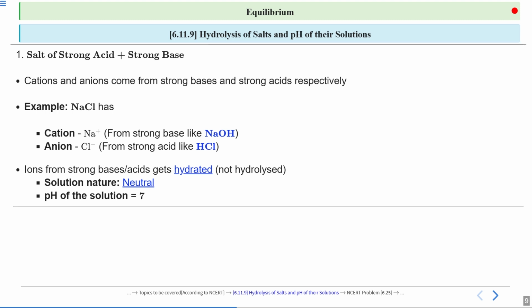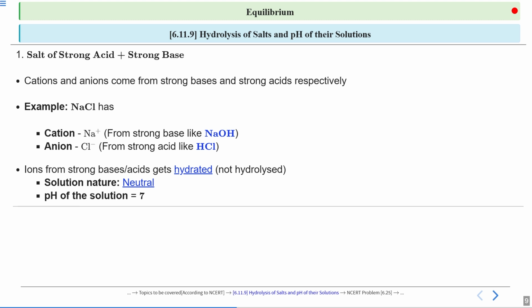I hope you are clear about this first case. What we have seen in this first case is that due to the nature of the cation and anion, which are coming from strong electrolytes, we are seeing only hydration of these ions and no hydrolysis. As a result, the solution remains neutral and there is no change in pH, which is kept at 7.